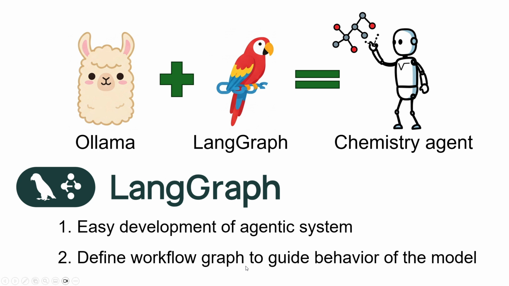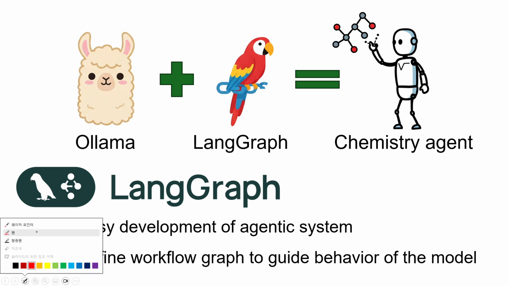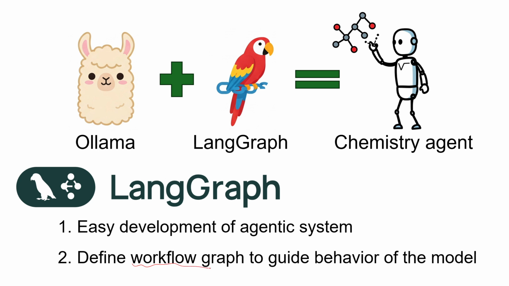And we can include the tools in this workflow graph, so that user-defined tools will be added to this workflow. Then the model connected to this workflow will follow the state saved in the workflow graph, and when it's necessary, it will use user-defined tools.